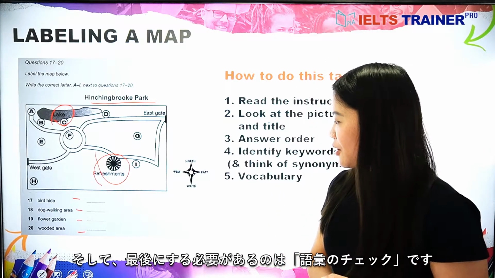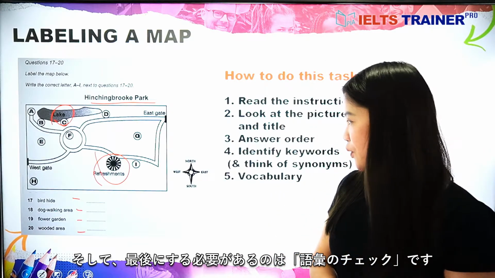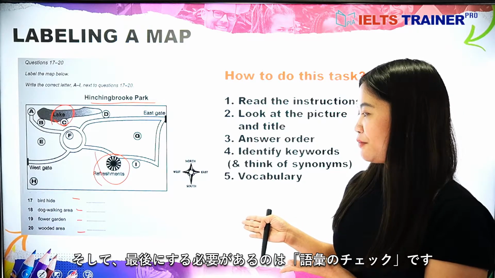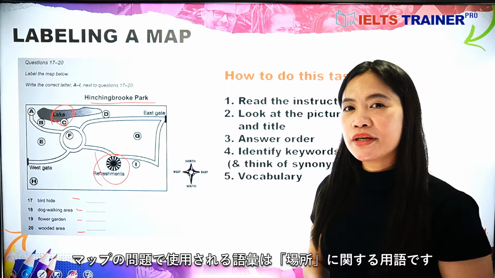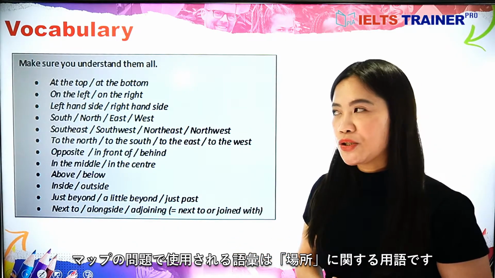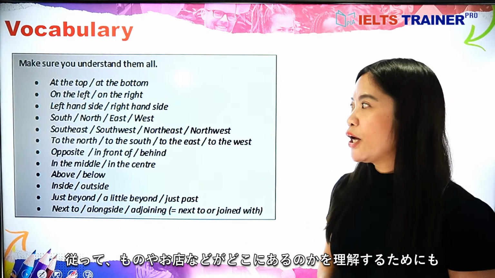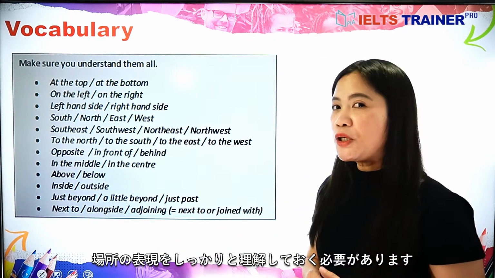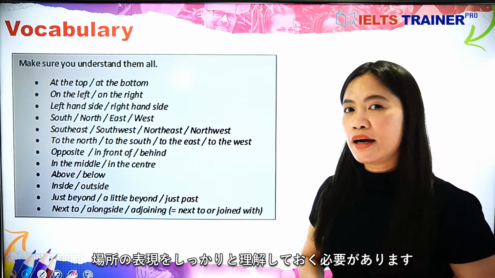And the last thing you need to do is to check your vocabulary. Vocabulary for maps is about location, so you have to be familiar with expressions of places in order for you to describe where things are located.